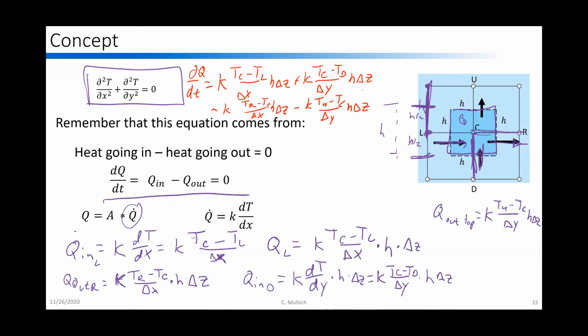Okay, so now we've put all this together, and we want to find out what's happening here without time effects, right? There's no time terms. We just set this equal to 0 at steady state. Now we have our governing equation for the finite volume method for this problem.